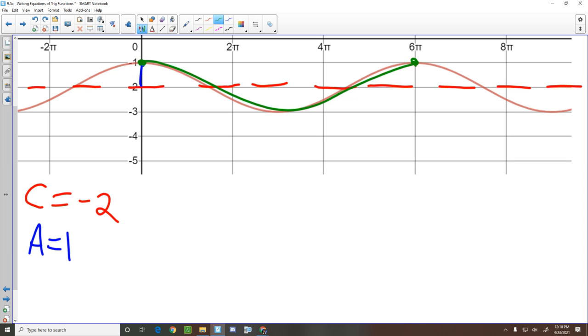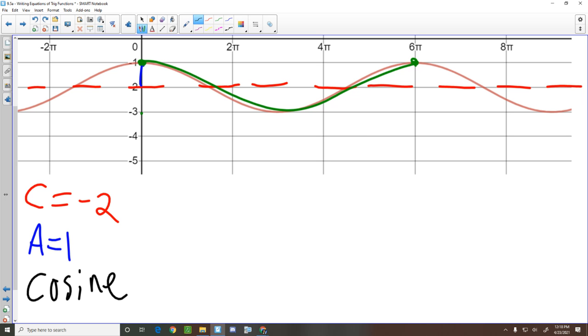How do you know it's cosine? Starts at the top, crest to crest. By the way, it could also start at the bottom, trough to trough, and that would also be cosine. It's just that sine goes midline to midline. I guess that's the best way to think of those. Let me jot down that this is, in fact, a cosine.